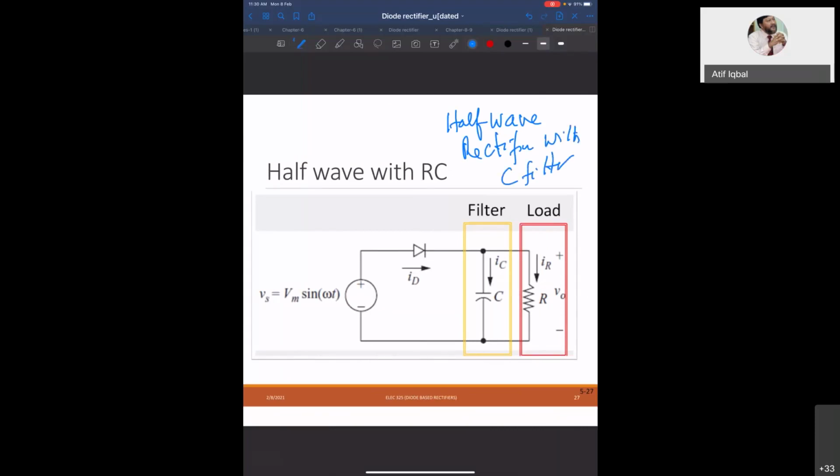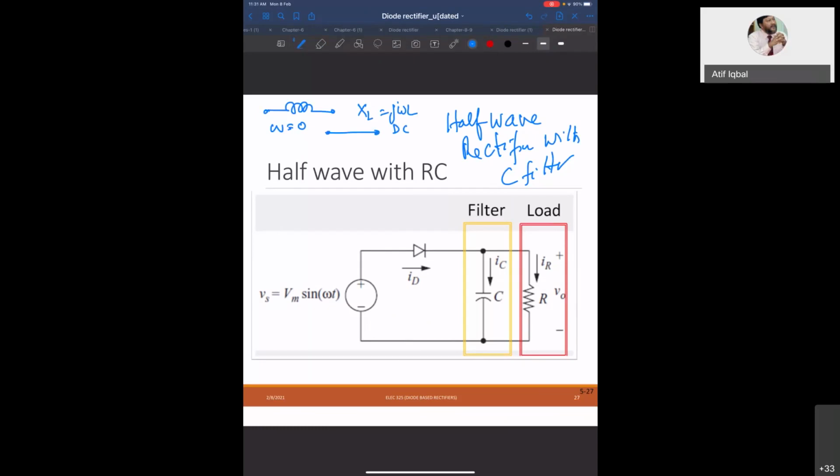Remember, what is the property of the inductor and capacitor? For the inductor, the impedance is j omega L. So for omega equal to 0, it acts as a short circuit. For DC, it acts as a short circuit.